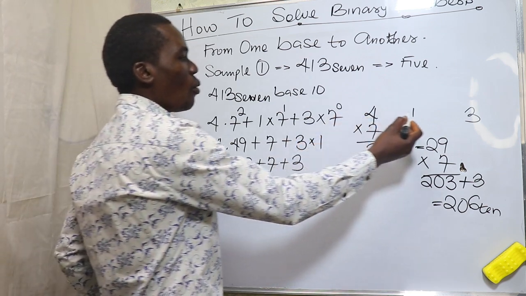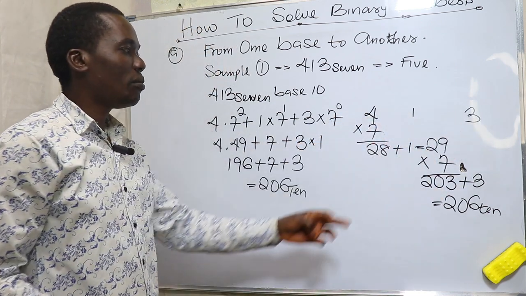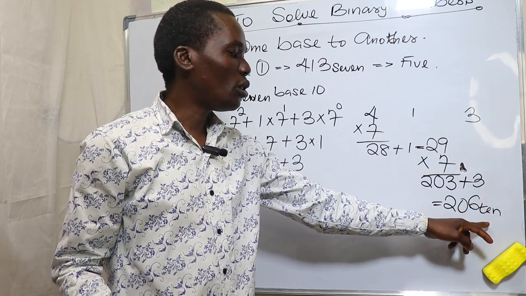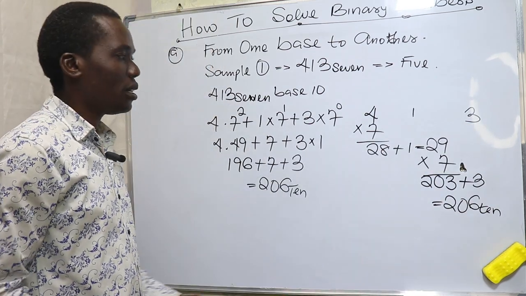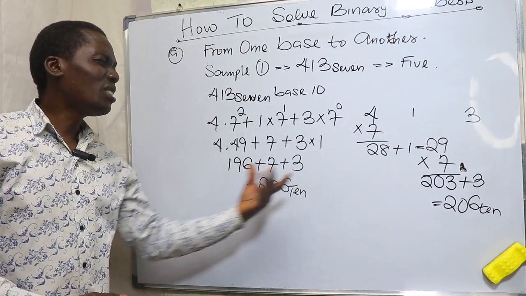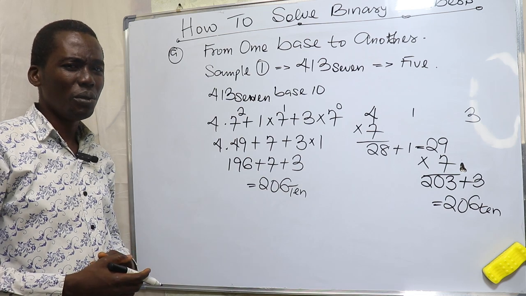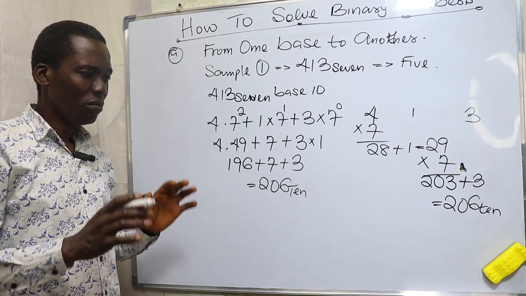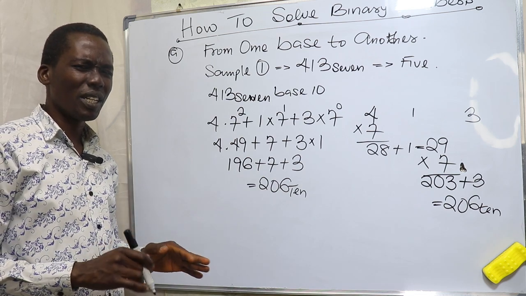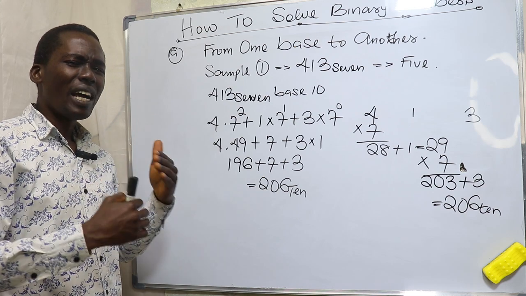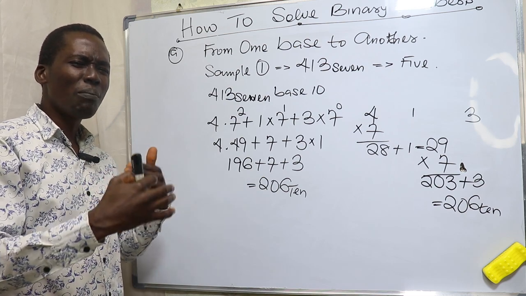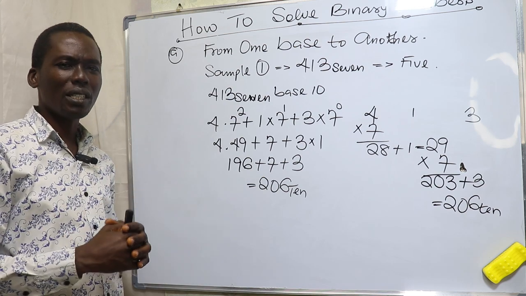We had 413, all of them in base 7, and we have changed them to base 10. If you look at these methods, whichever one is easy for you, use it, because when you solve mathematics in the examination hall, the idea is to use the simplest and fastest method to get your answer.